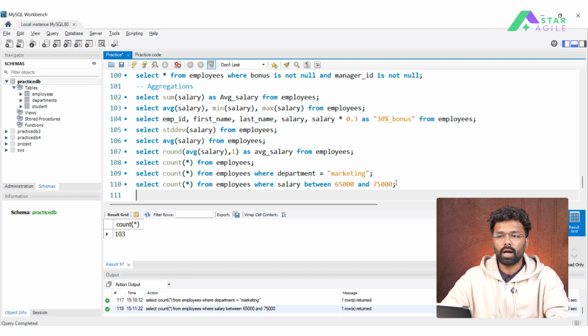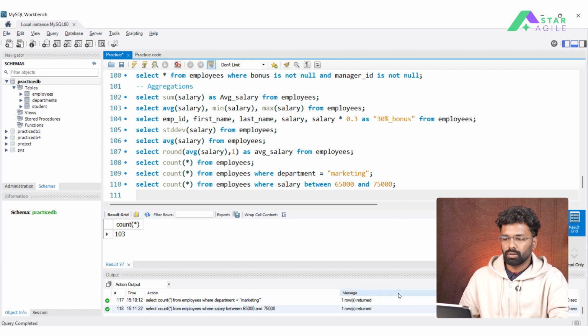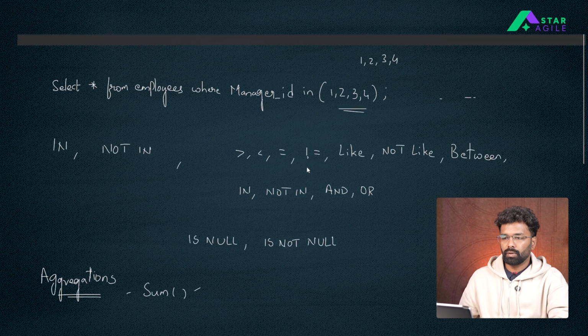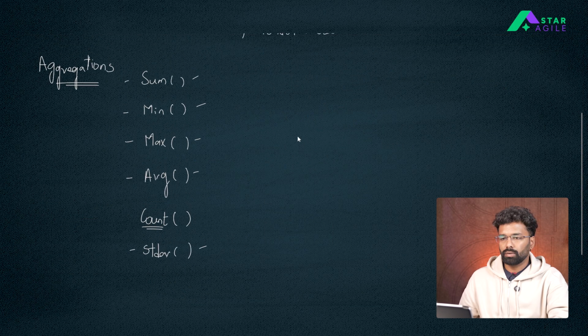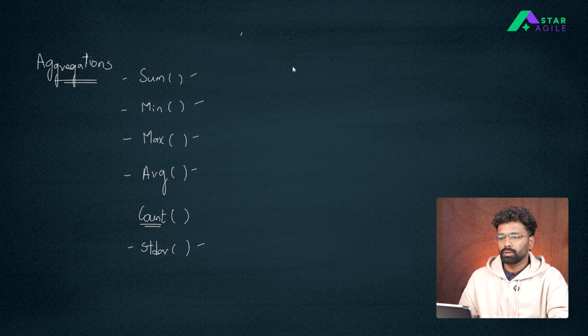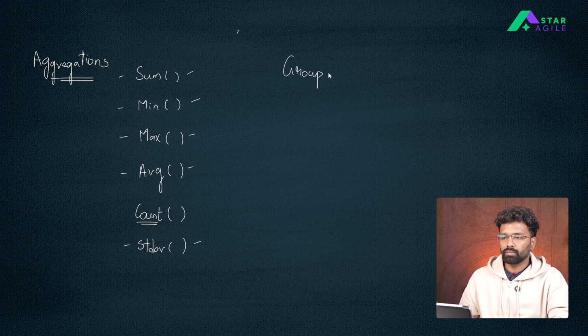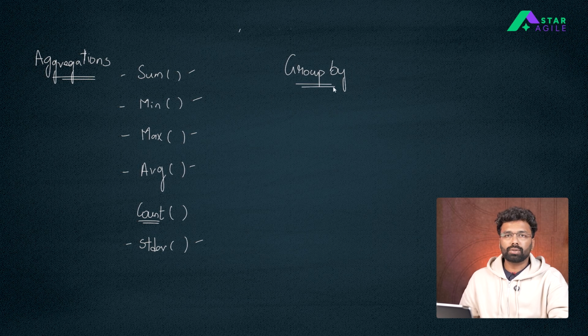So these are all the aggregations: sum, average, min, max, standard deviation and count. Next, now we'll see group bys.